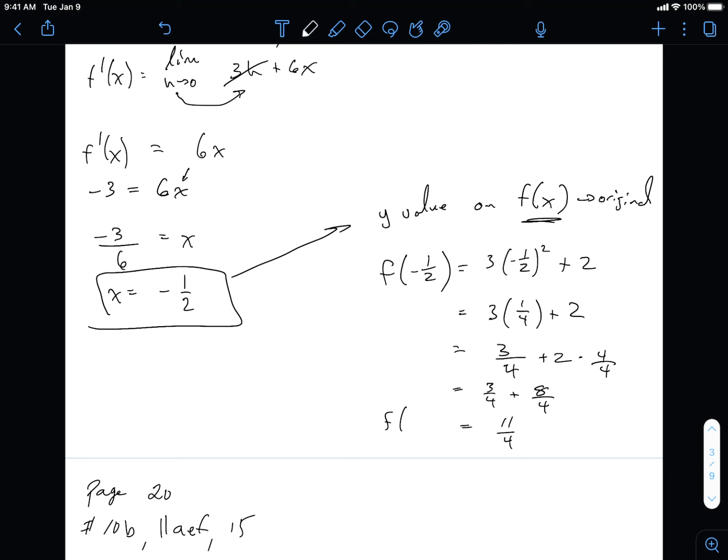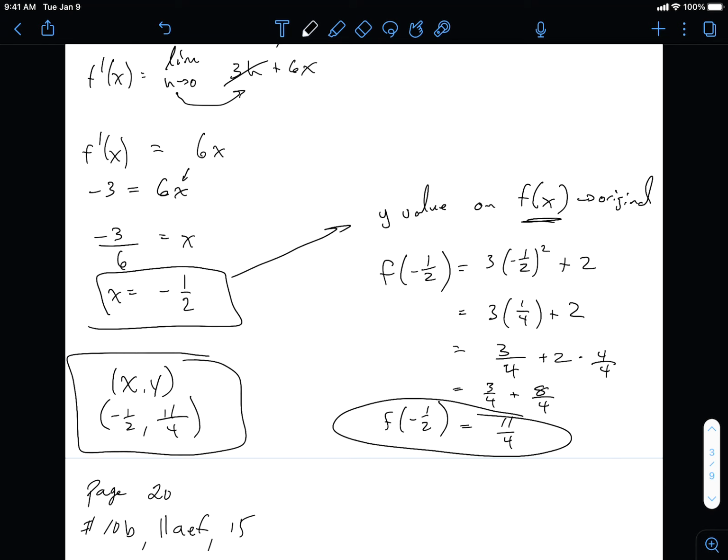So f at -1/2 is 11/4. What does that mean? The xy point for this question is -1/2 and 11/4. That is the final answer.